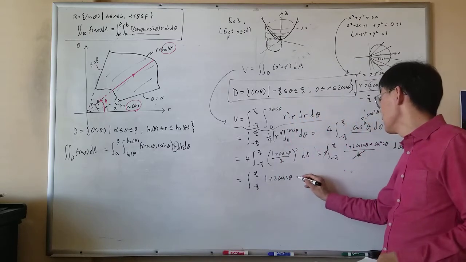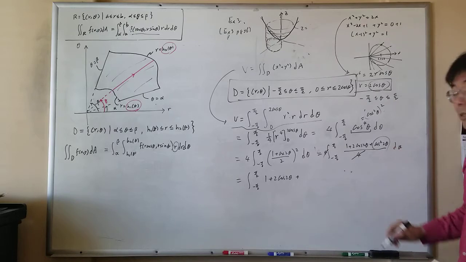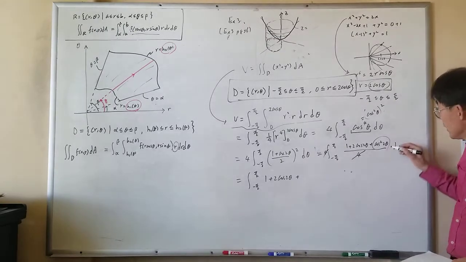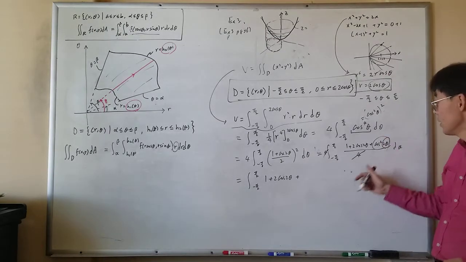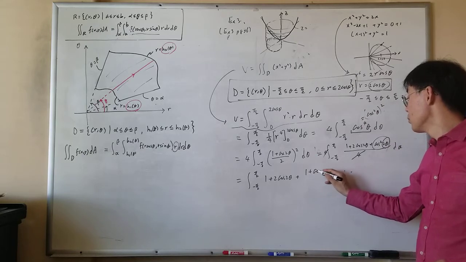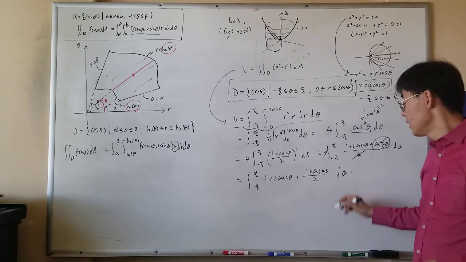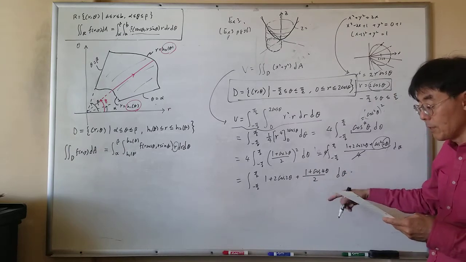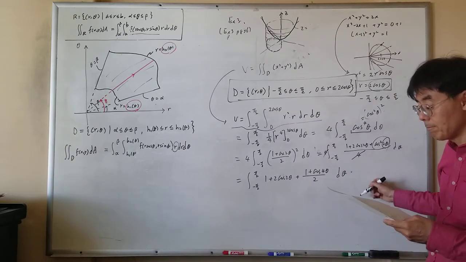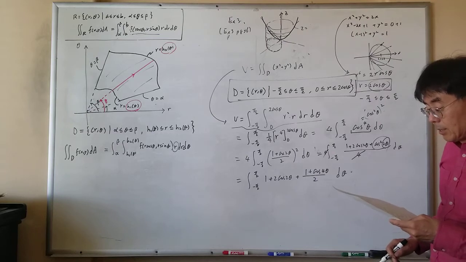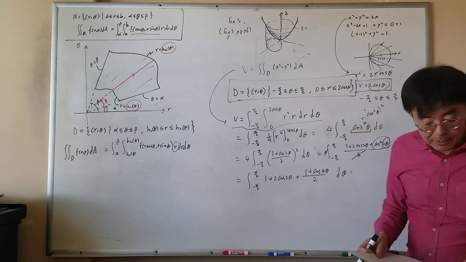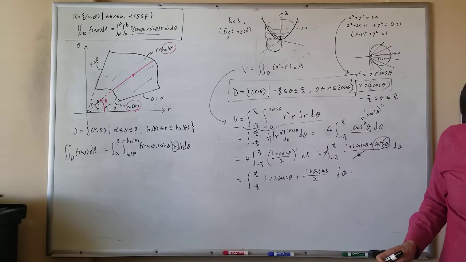And for this one, again, another power reduction formula. Instead of theta, you have 2 theta. 1 plus the double angle, which is 4 theta in this case, over 2. So then after that, you will just finish this calculation. All right? So then you can get the value you're looking for.